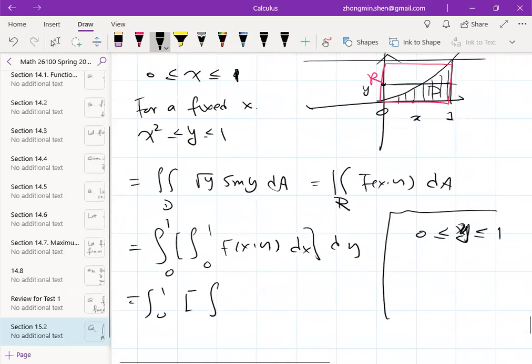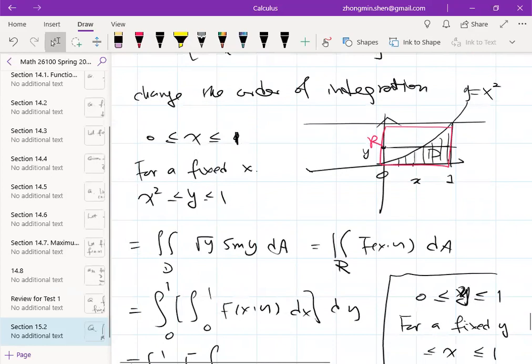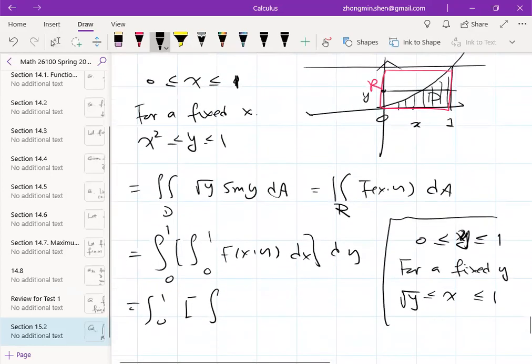But for every fixed y, what is the lower bound for x, upper bound for x? x is less than or equal to 1, clear. But for the lower bound for x, you solve for that equation. y equals x squared, so that gives me square root of y, okay? So now you get square root of y and 1.